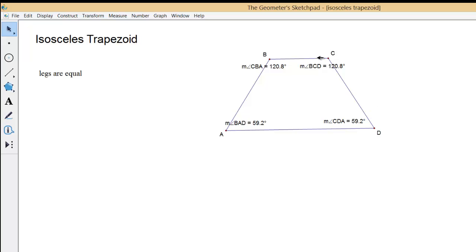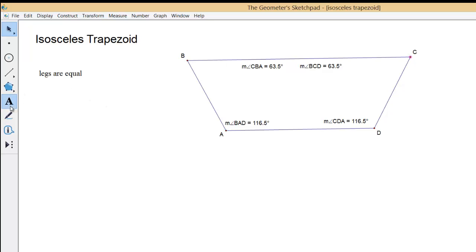So even if we change our appearance, we can see that these two angles, which are consecutive angles formed by the base and the leg, and the base and the leg, these angles are equal, and also these angles formed by the base and the leg, and the base and the leg, those angles are equal.